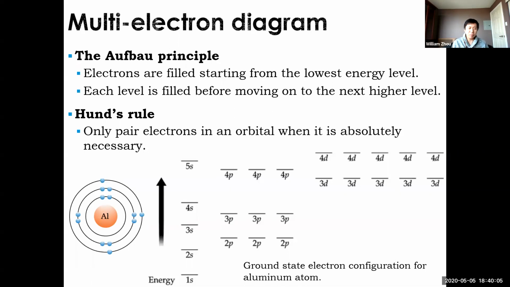The next one is Hund's rule. That means you can only pair them up if you absolutely have to. If you see an empty orbital, you use that one. You don't pair up if you don't have to. It's like, imagine you get on a bus, the bus is completely empty, and there's one person sitting somewhere. It is really messed up to just go up to that person and sit beside them, because the bus is empty.